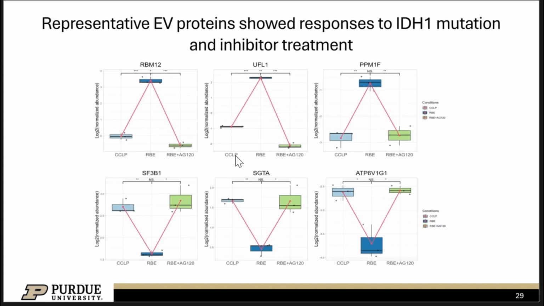And we here provide some example EV proteins that can show the response in the condition between the IDH1 mutation and also inhibitor treatment. Hopefully, in the future, this potential target can be used for IDH1 mutant subtype differentiation and or inhibitor treatment as a non-invasive biomarker.